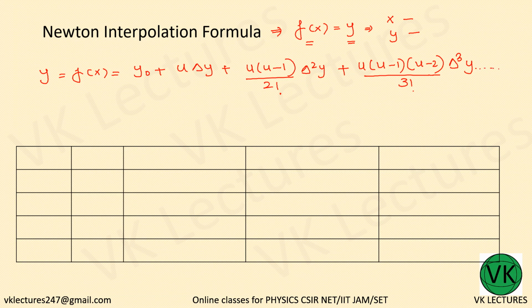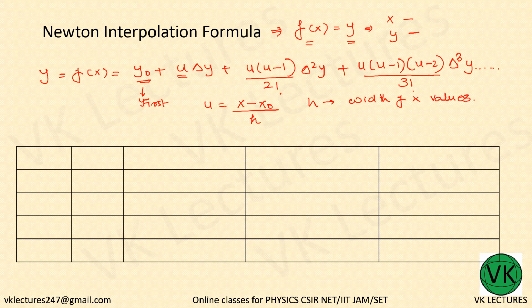Now y naught is the first value of y, and u is equal to x minus x naught by h, and h is the width of x values.